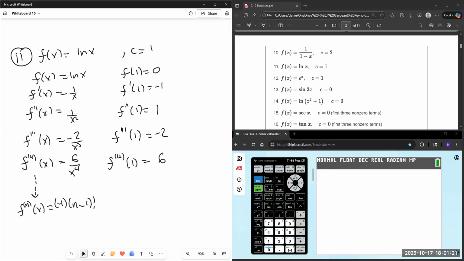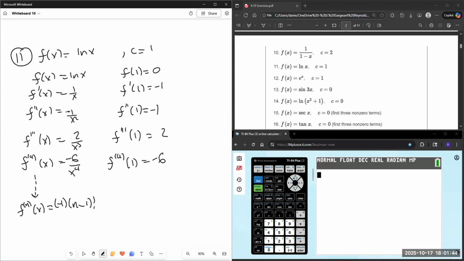Let's see here. This was negative 1. This was positive. This was negative. So I messed up by not including a negative sign here. That flips all these signs. That looks better to me.